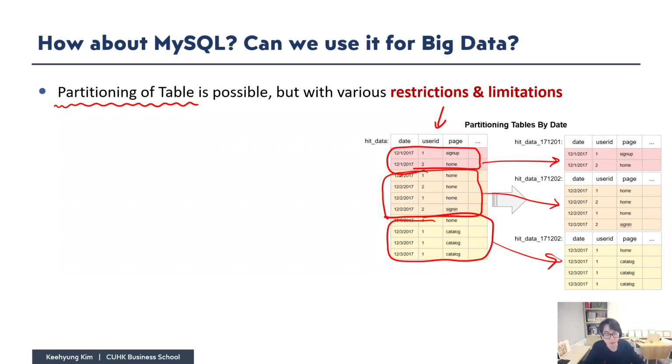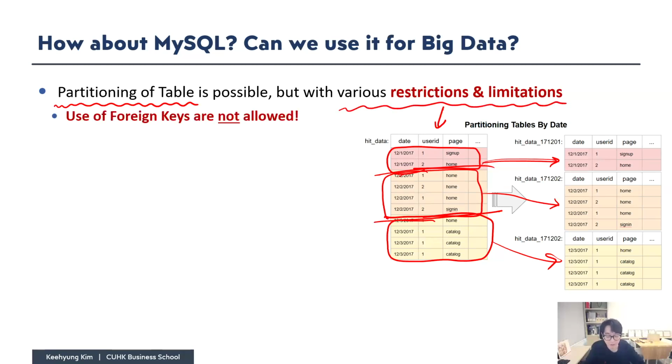Many traditional relational databases don't want to be traditional forever, so they add more features and functionality that can mimic what NoSQL is doing. In MySQL, you can partition the table and store it in different servers. That is possible. However, when you do that, it comes with a lot of restrictions and limitations.